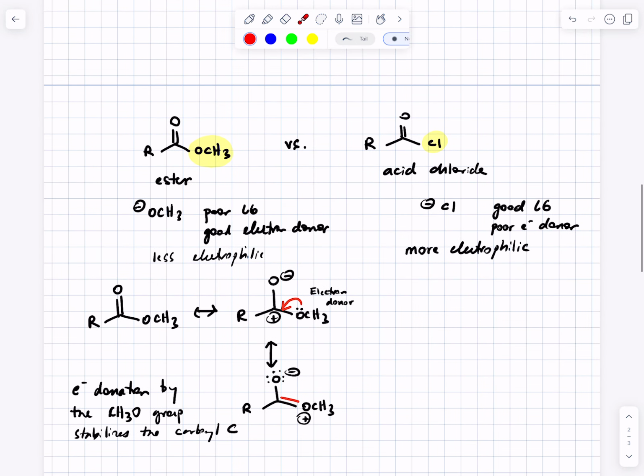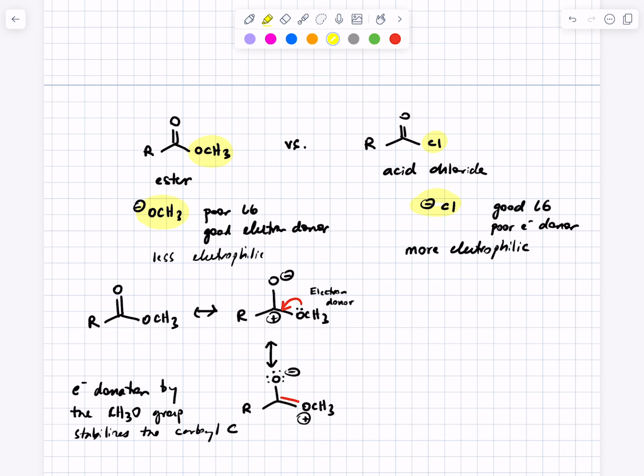We did that for, say, the ester and the acid chloride, recognizing that the Y group, once it had left, is methoxy for the ester or perhaps some other alkoxide, whereas for the acid chloride, it's Cl-. Cl- is an excellent leaving group. It's the conjugate base of a strong acid, HCl. It's perfectly stable on its own. For the same reasons, it's a poor electron donor.